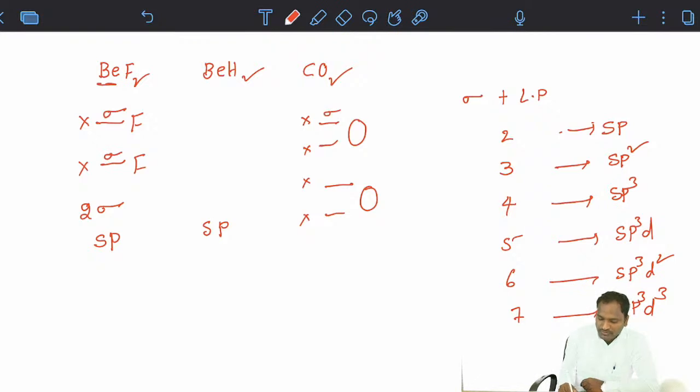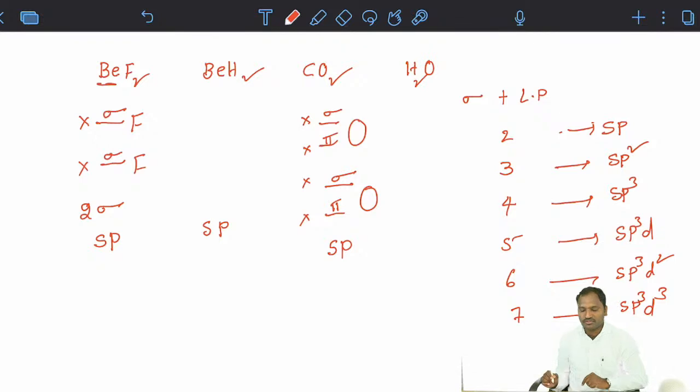If an element forms multiple bonds, one is a sigma bond and the other is a pi bond. If it is a triple bond, one is sigma and the rest two are pi bonds. Only lone pairs and sigma bonds count toward hybridization, not pi bonds. Pi bonds do not affect the geometry of the molecule. So here also sp hybridization.